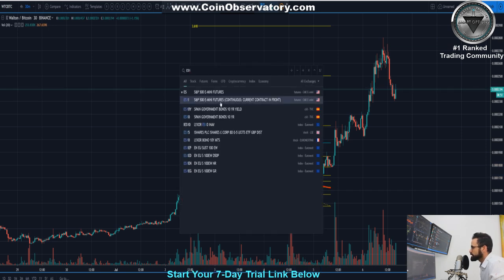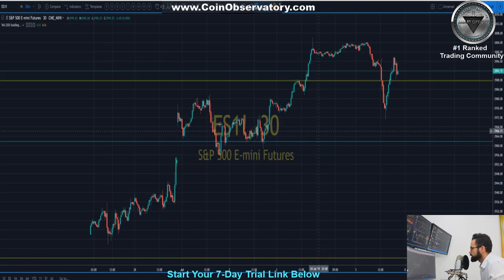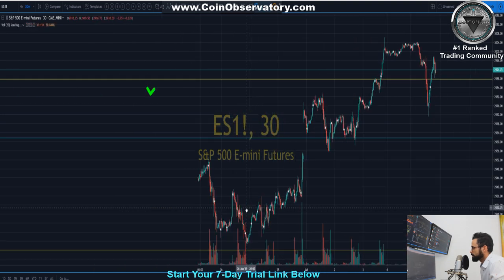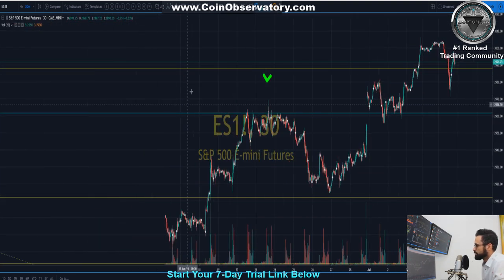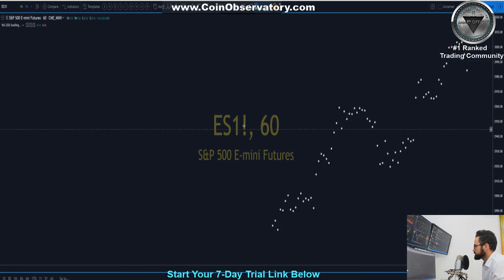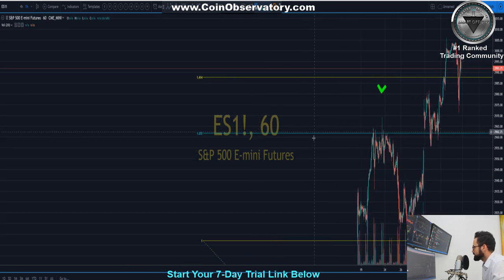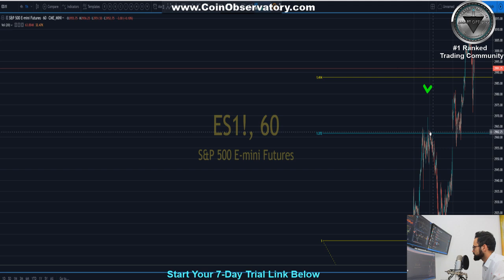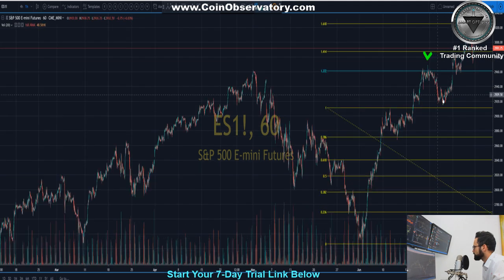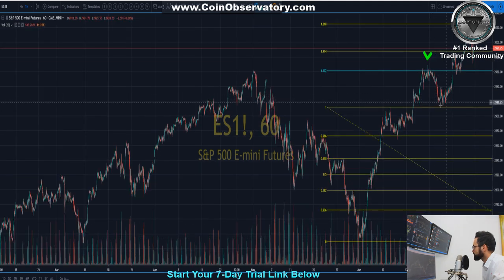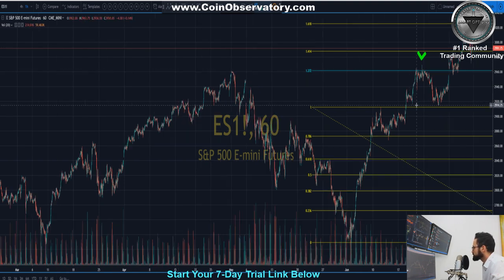I'm gonna go back to that ES1 chart, let's go to the 60. Pretty much the same thing happened where we saw a rejection of the 1.2, pull back to the 0 or to the 1 for an extended rally, the upwards extension to finish out that move.